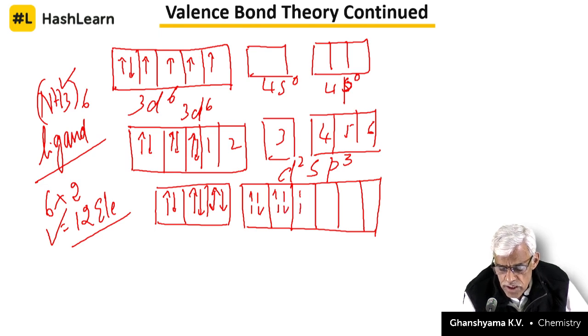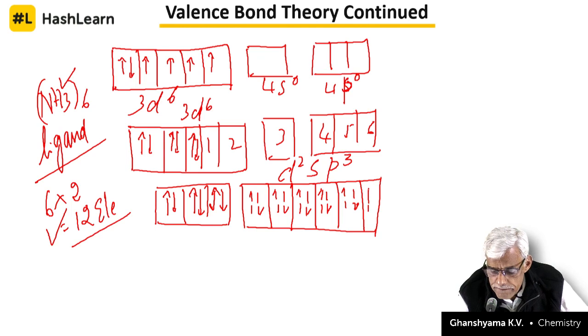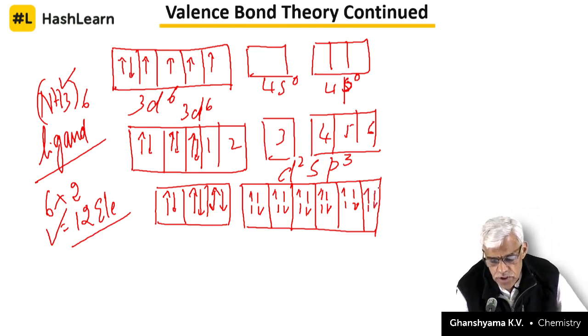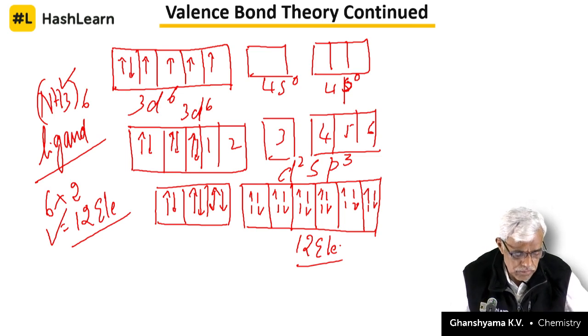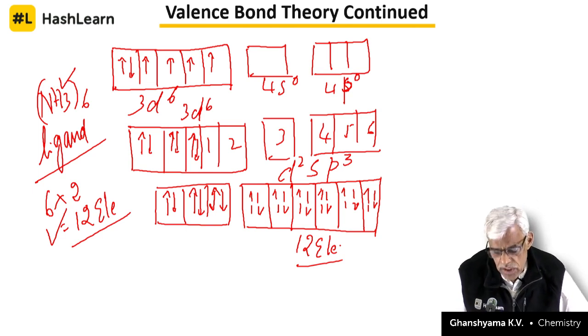There is no difference in the electrons, but I am writing just to show that these electrons have come from the ligand. So 1, 2, 3, 4, 5, 6, 12 electrons, 6 pairs, have come from the 6 ammonia ligands, or ammine. The ligand name is ammine.